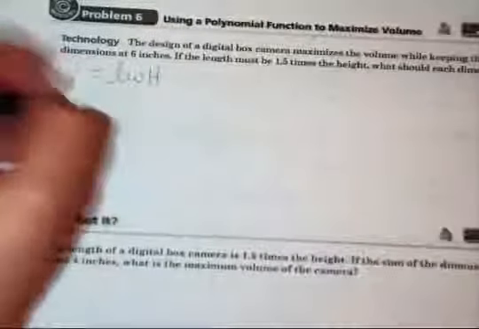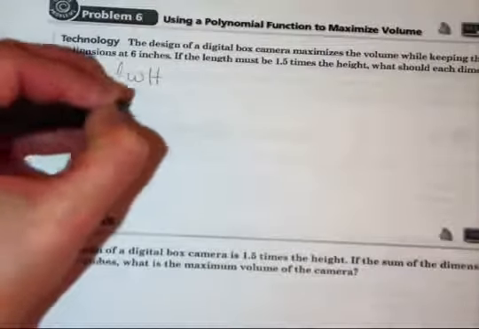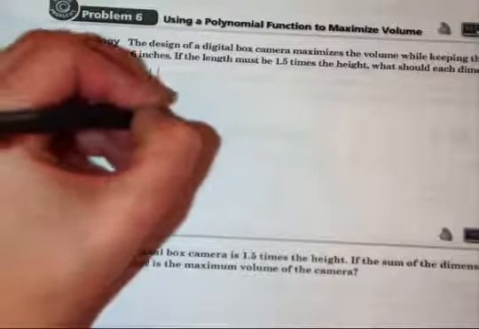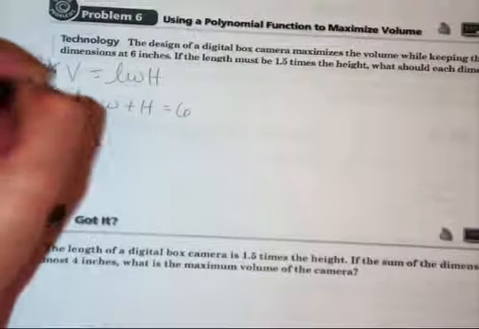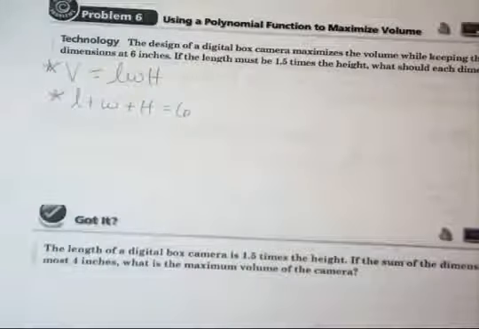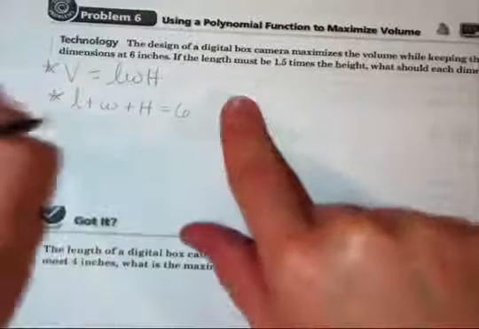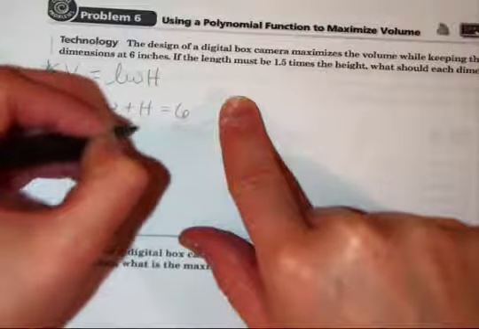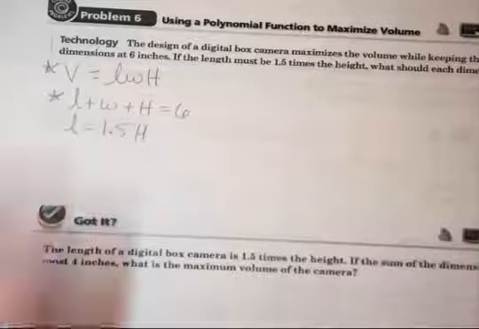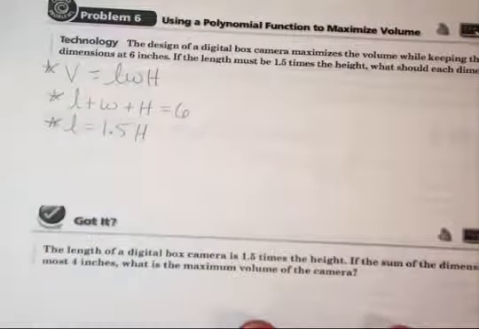So it's saying that the length plus the width plus the height will be 6. So these are two very key equations for you. Well, now what we have to do is read a little bit more, because it says the length must be 1.5 times the height. So we have three very important equations here for us.